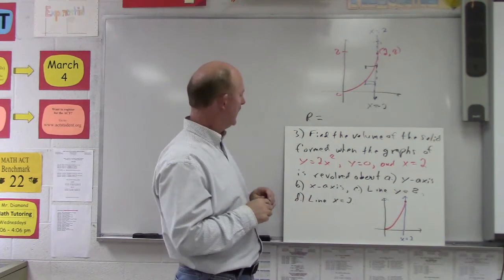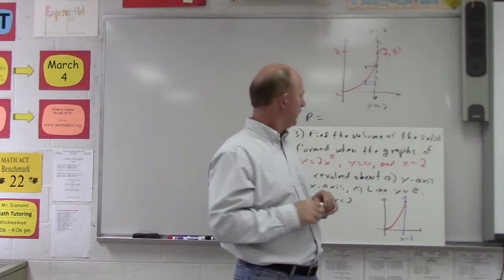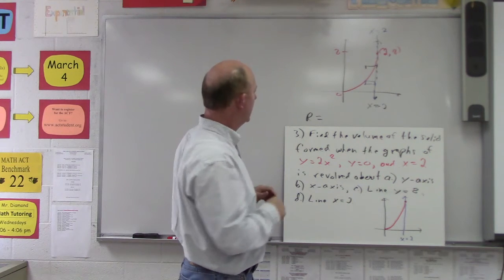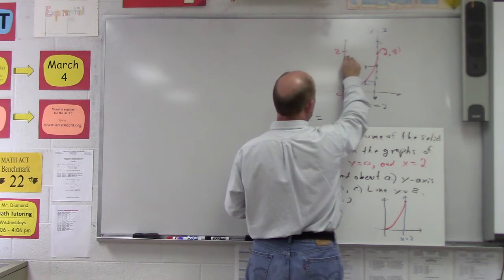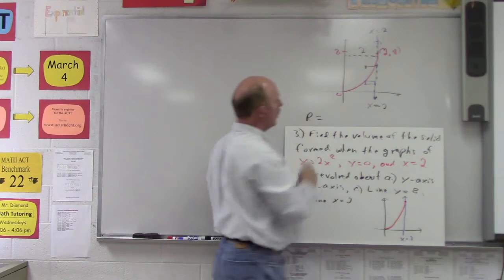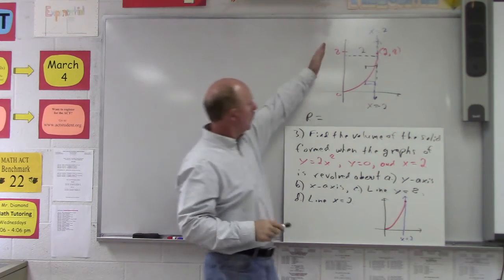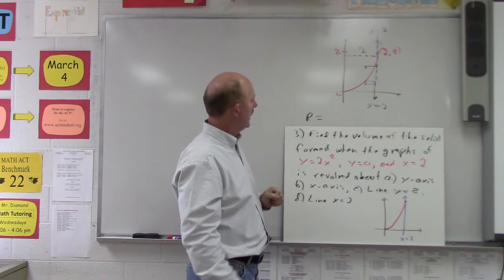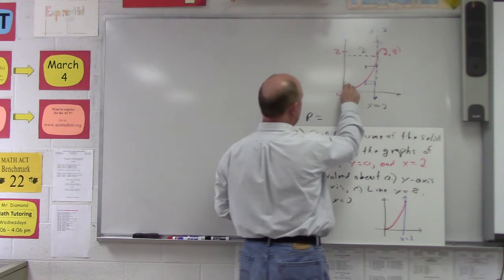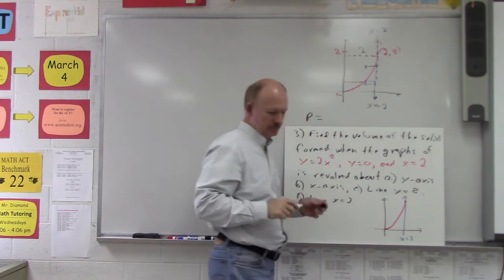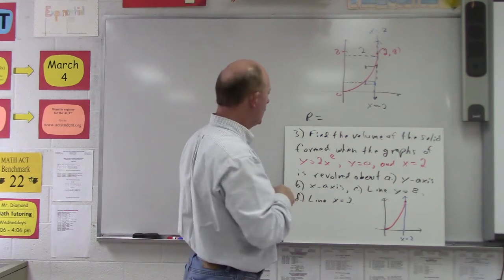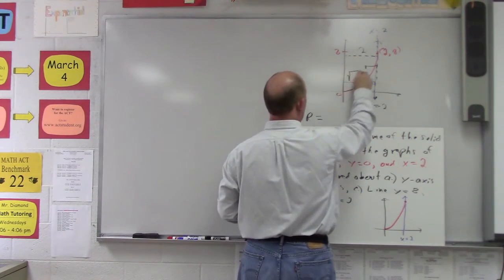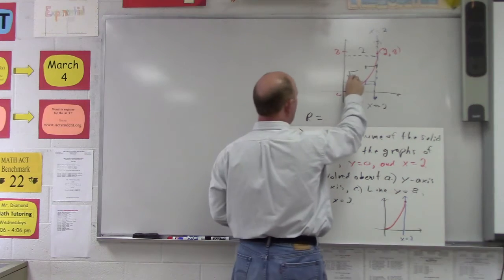And so big R would be that distance there, which would be, now let's see, I know this entire distance here is going to be 2. From the y-axis to our axis of rotation is 2. And I know that this distance right here is going to be the square root of 1/2 y, I believe, wasn't it?